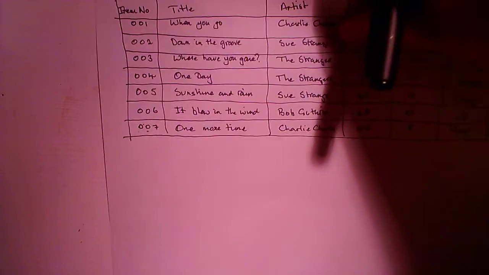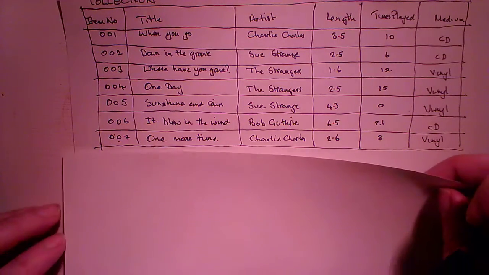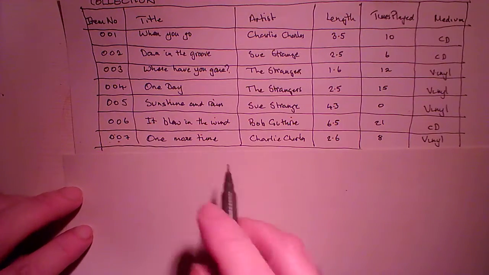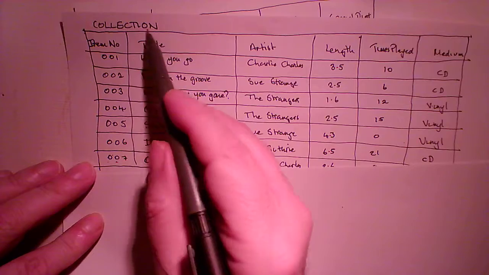And let's run a query on this one. Very difficult to get that on the screen, but there we go. So I've got more data here, and I'm going to do an AND query with this one. So if I take a look at the top, the actual table name is collection.